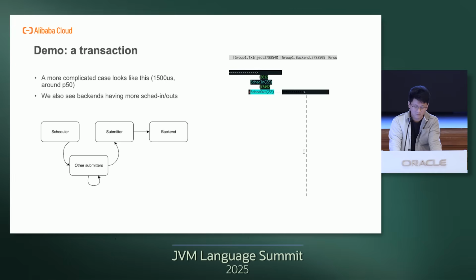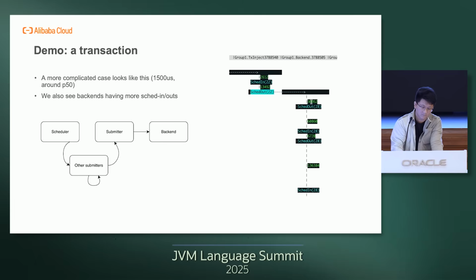And another thing we noticed is that for longer transactions, there are more schedule-ins and schedule-outs in the backend. For example, here we see that the backend is on CPU for 30 microseconds, and then it goes out of CPU for 60 microseconds, and then in for another 6, and then out for another 100 or so microseconds.